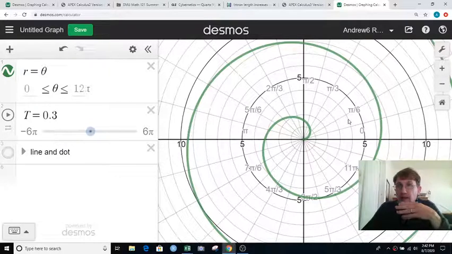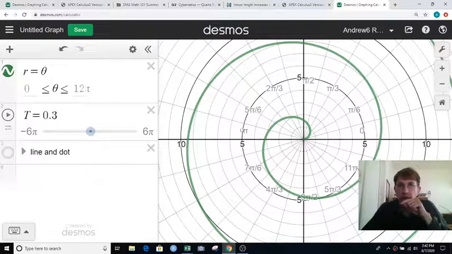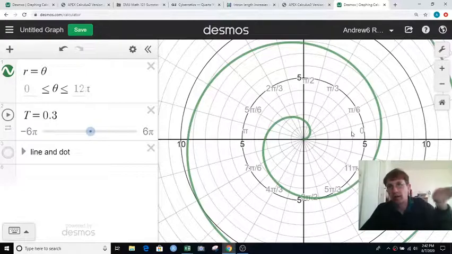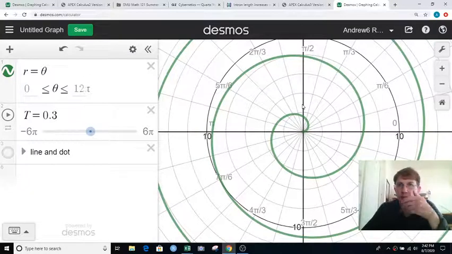An x grid line, like a vertical line, is now a theta grid line, a ray out from the origin, and it's got various helpful angles marked there. And a y grid line, like y equals 5, is now a circle. So that's an interesting way to think of polar coordinates as a different kind of grid on the plane.